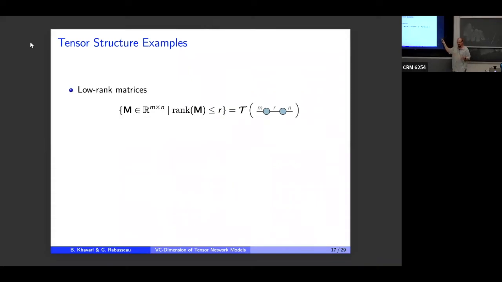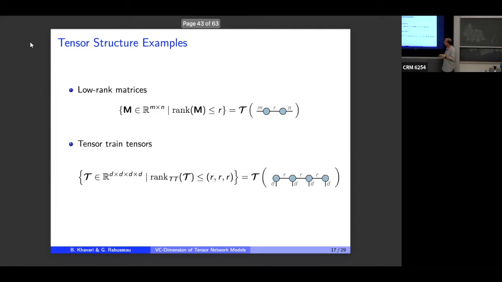Low rank matrices of size m by n, so matrices that are of rank at most R, it's equal to this thing, the set of tensor networks that I can get with a graph structure like this. I do the product of two matrices, one m by R and one R by n. So this defines exactly all the m by n matrices of rank at most R. For tensor trains, we can define the set of low rank tensor train tensors in the same way, right?